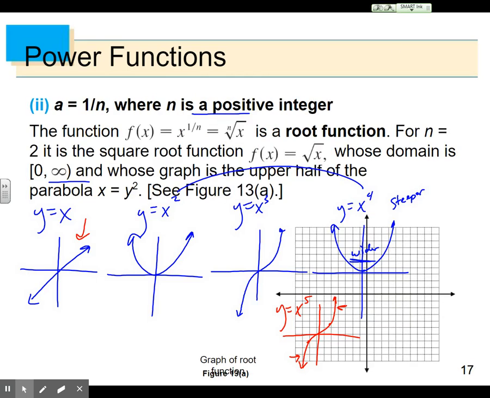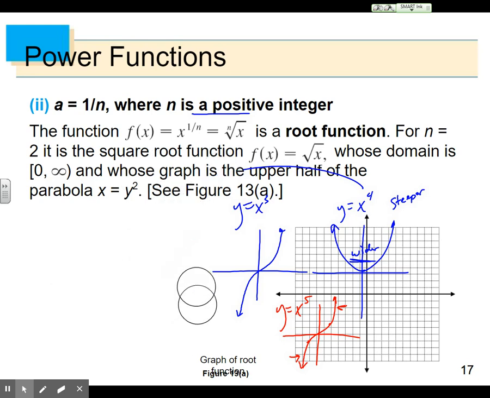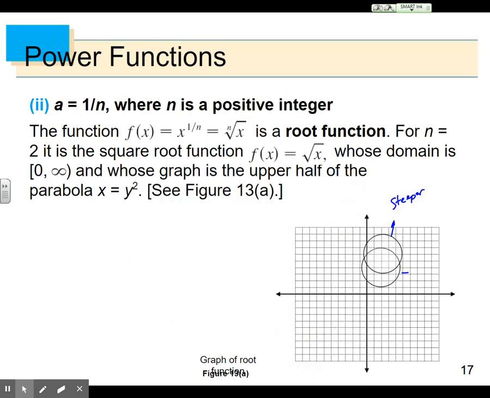All right, case 2. Case 2 is not as fun. Case 2 is if I raise it to a fractional power, like 1 over n, where n is a positive integer.